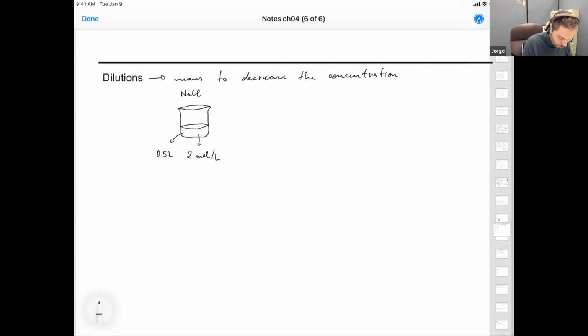And for some reason, we want to obtain a sodium chloride solution with the concentration of 0.1 mole per liter, starting from our stock solution. So here the question is, what is the final volume of the solution?